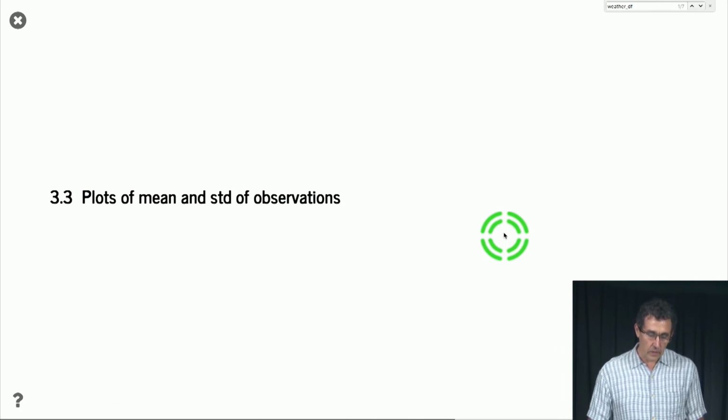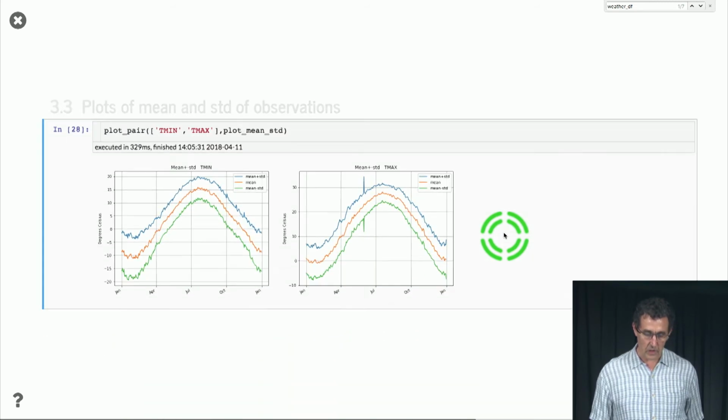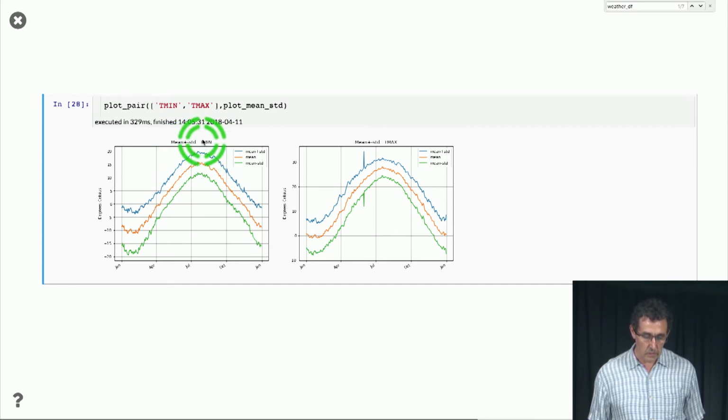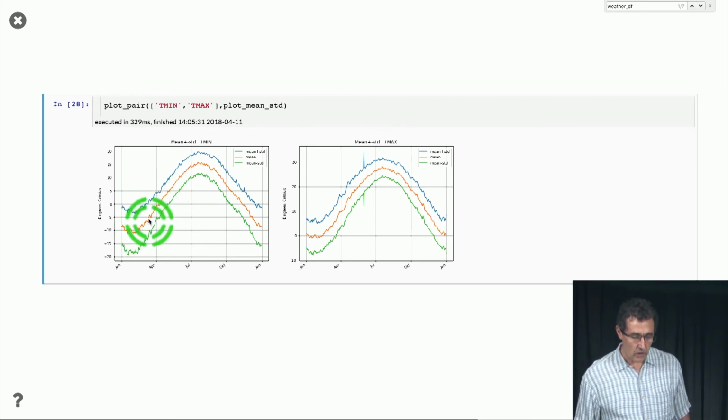Okay, so let's look at the next level, which is the mean and standard deviation of the observations. What we see here is the mean plus minus standard deviation for Tmin, and this is for Tmax. The orange line is the mean, and then we add to it the standard deviation for each time.